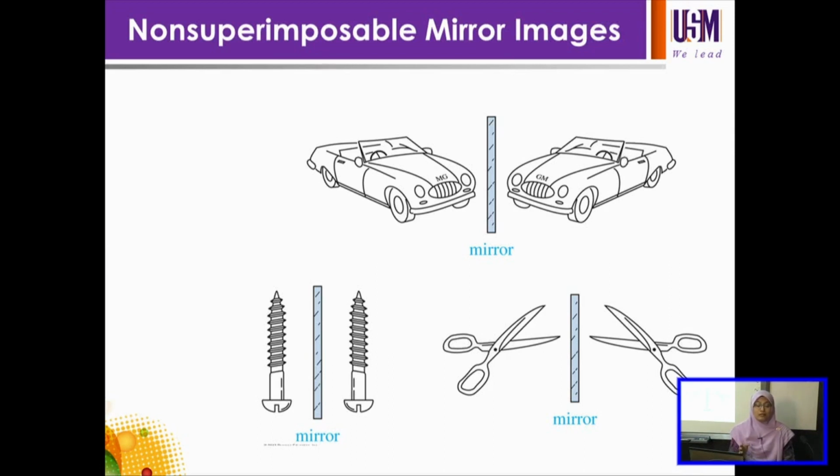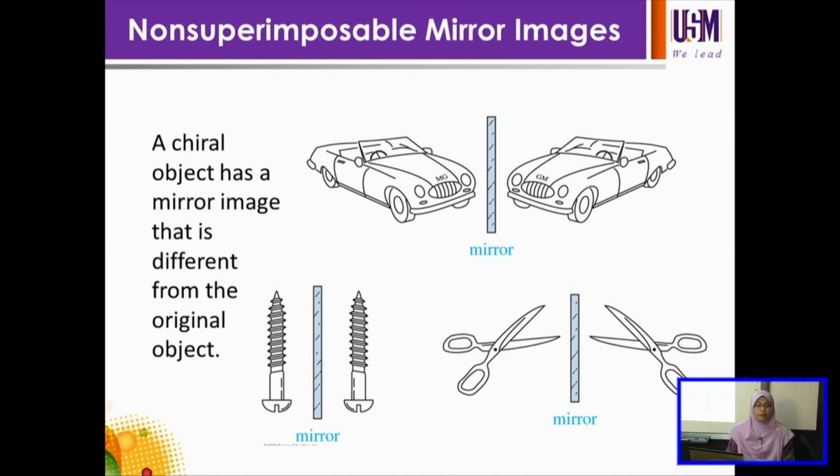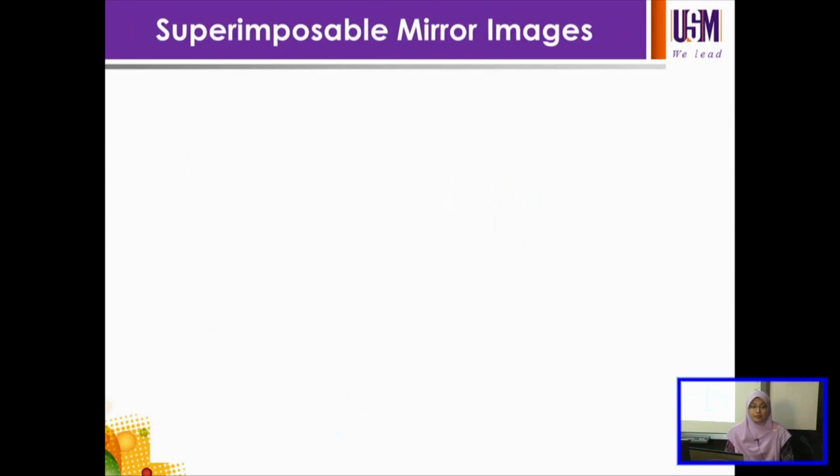A left-handed scissor is only for left-handed people, while a right-handed scissor is for right-handed people. So a chiral object has a mirror image that is different from the original object. They are different objects.